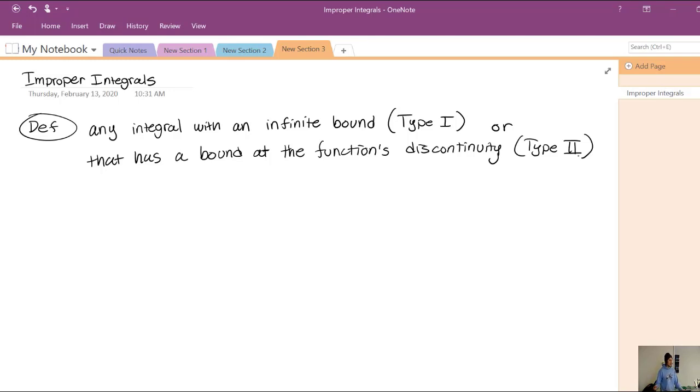And what that can mean is either the bound is not a number, so it's an infinity, or the bound is going over somewhere where the function has a discontinuity. And we call those type 1 and type 2 respectively.